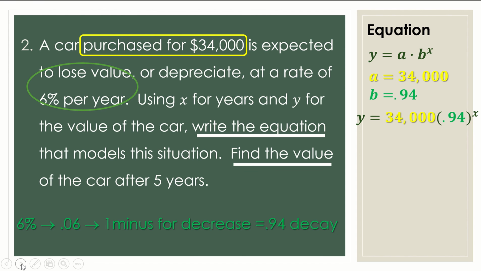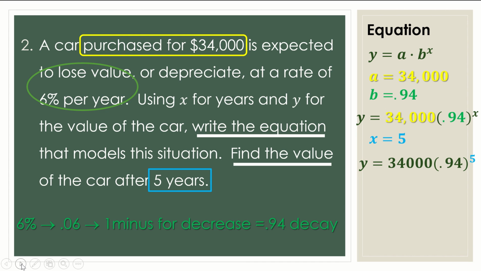The last sentence reads to find the value of the car after 5 years. So let's let x equal 5, and we will find out the value of the car after 5 years. So 34,000 times 0.94 raised to the 5th power. Just a little side note, when we type into our calculator, we have to remember the order of operations.